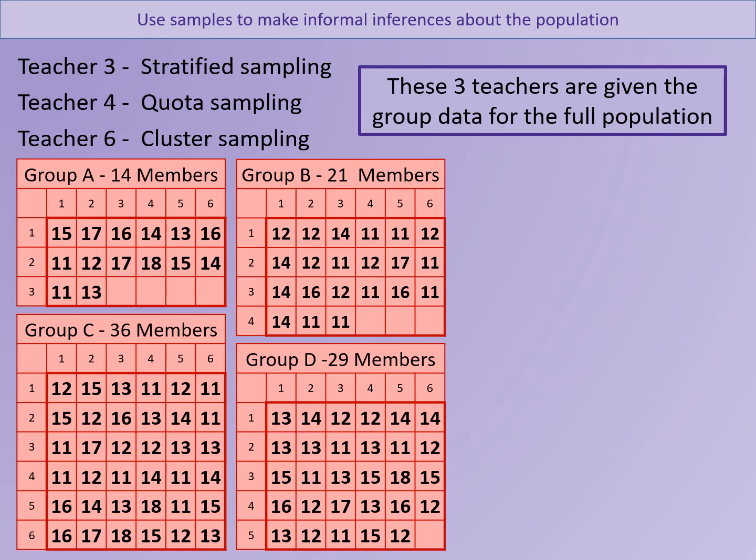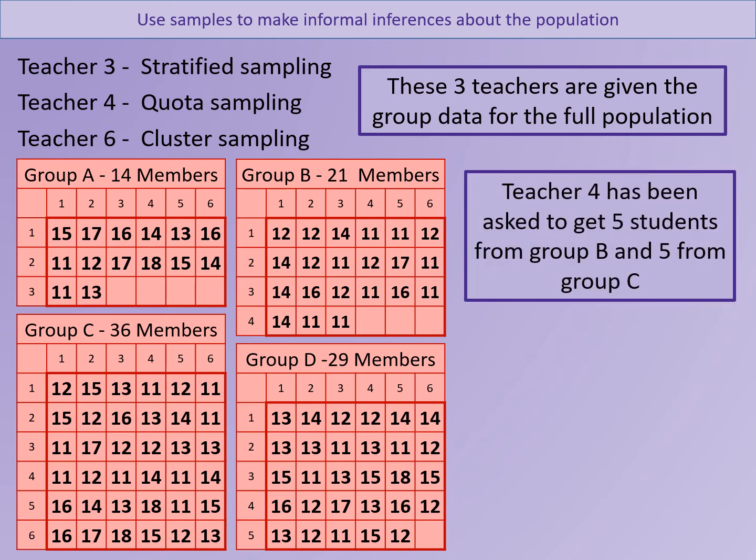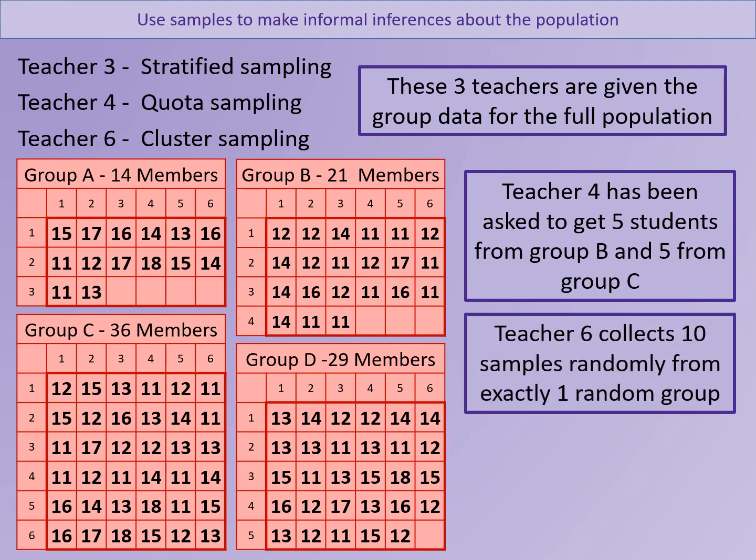So that's teacher 3. Teacher 4 has been asked by the head teacher to get 5 students from group B and 5 students from group C. So when they're doing their quota sampling, they're going to use those two groups in order to get their sample. And teacher 6, who's doing the cluster sampling, is going to collect 10 samples from exactly one random group, which will be decided upon later on.